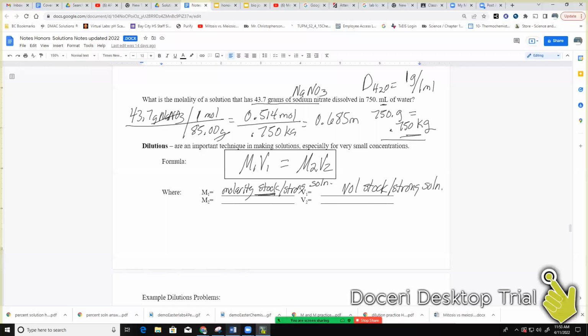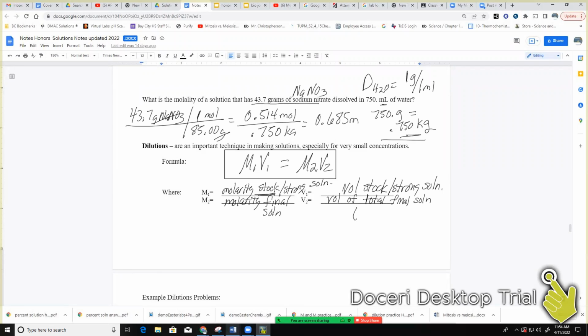M2 is the molarity of the final solution. And the only thing that makes this formula tricky sometimes is V2, because V2 is the volume of the total final solution.